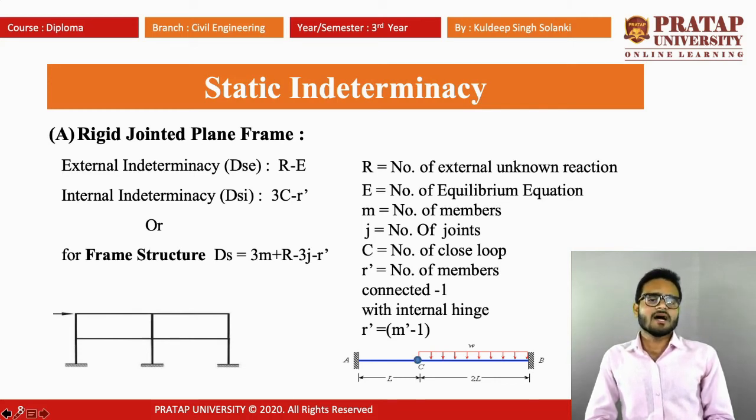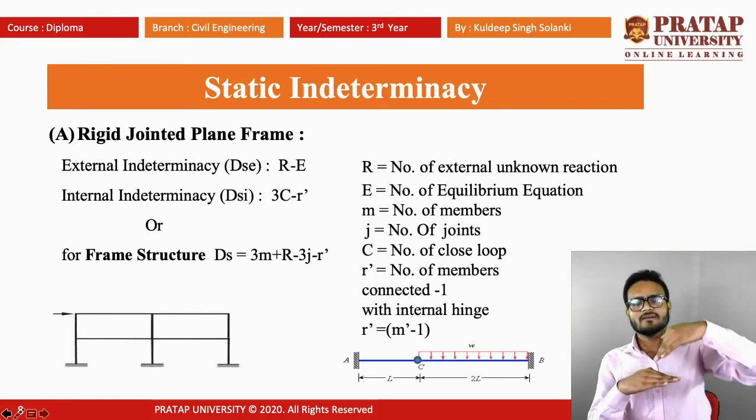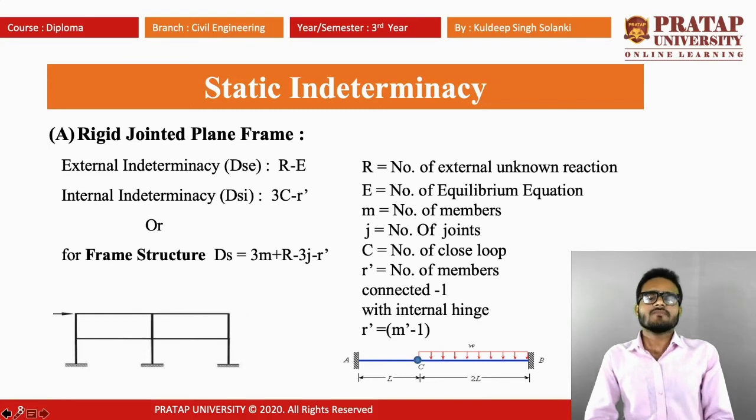R is the number of external unknowns or reactions. If you apply some loading, such as vertical loading in the downward direction on a beam, the support will provide reactions: horizontal reaction, vertical reaction, moment, anything. It means how many external unknowns or external reactions. E is the number of equilibrium equations available.